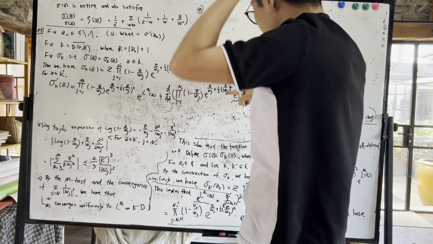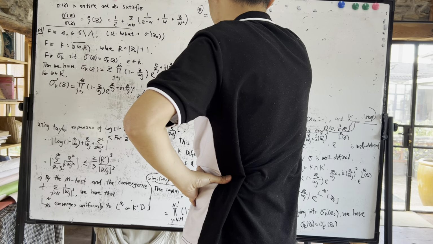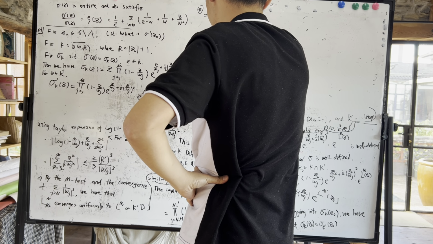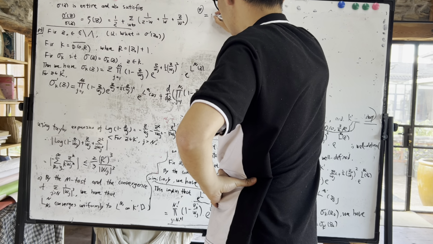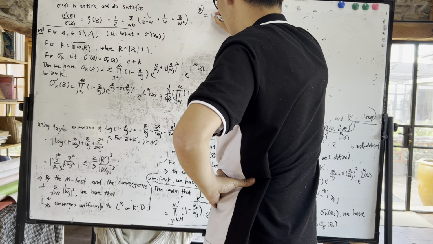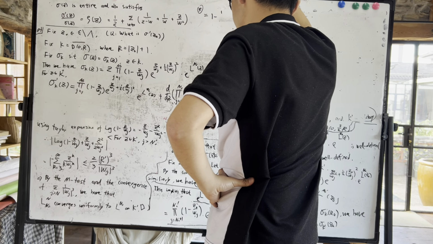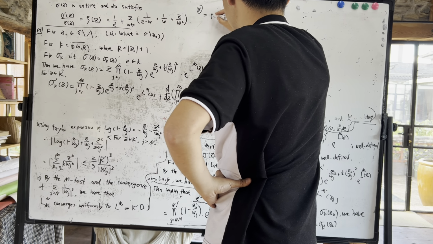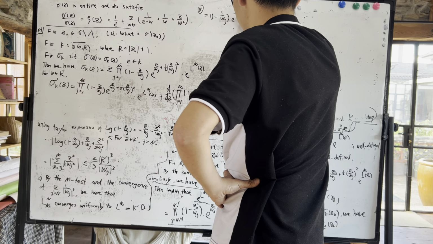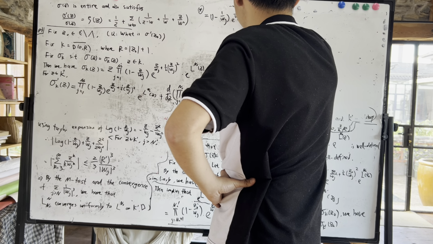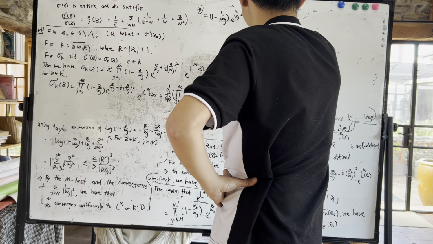so first I take the derivative of the first one, which is 1 minus 1 over omega j times e to the z over omega j plus 1/2 z over omega j squared.